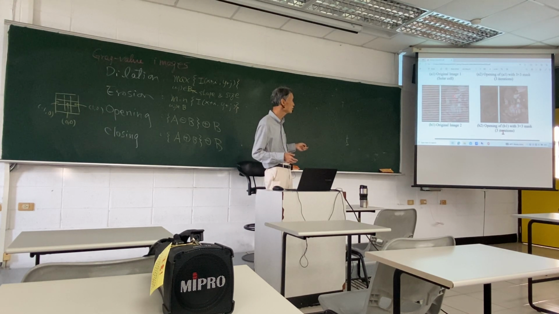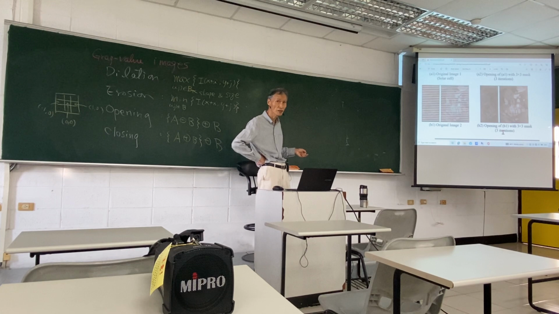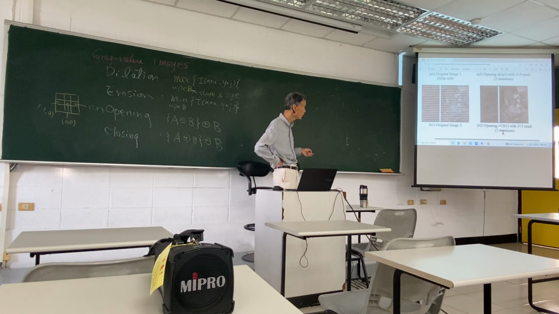So if we want to identify something wrong with the crystal, first you use a very small 3 by 3, so you can remove the conductive line here but retain the bus line, since the width of the bus line is larger than 3 by 3. Then you apply opening so that you can remove the conductive line here.